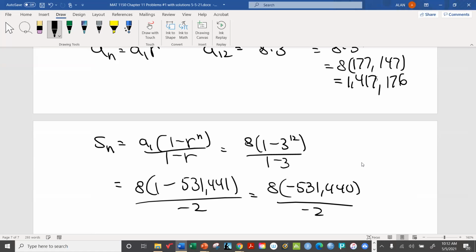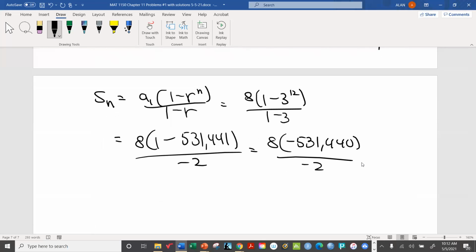Now, obviously the negatives will cancel, so this reduces to, not negative, positive 2,125,760. All right.